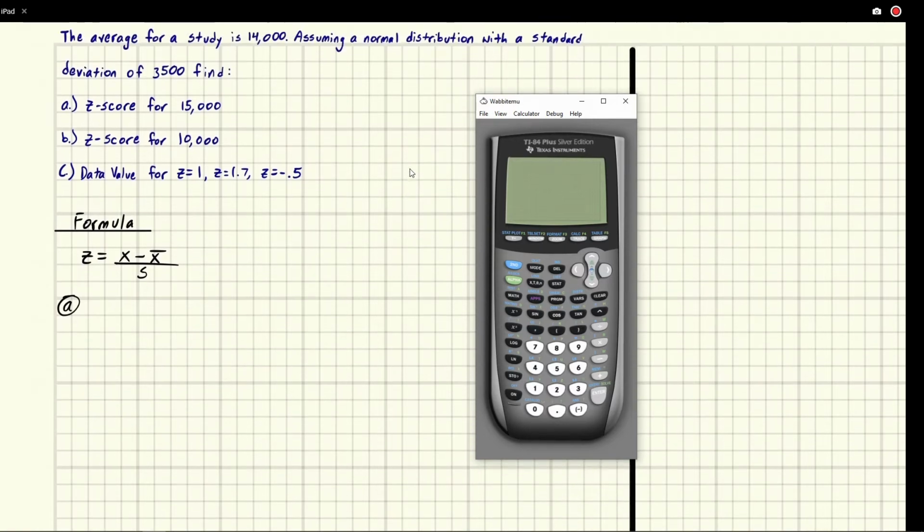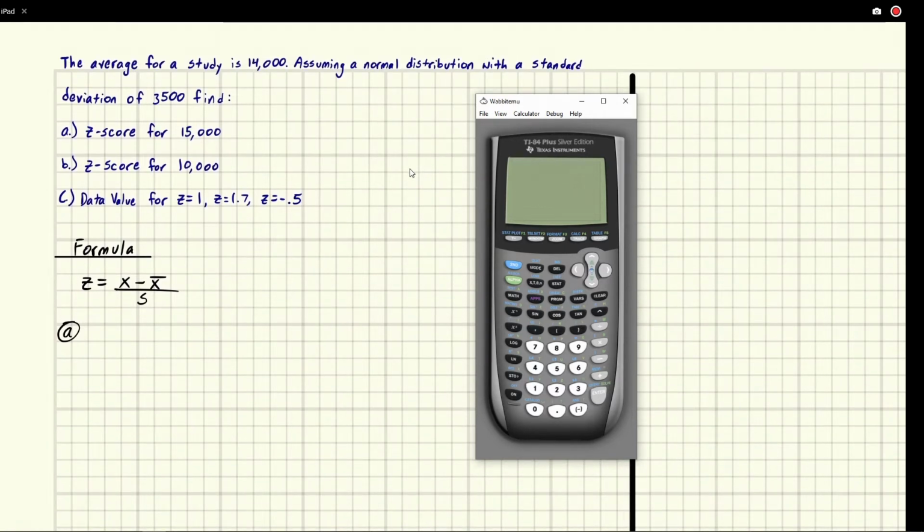So let's write down what our values are. So we've got the average. So we have X bar is equal to 14,000. We've also got S, the standard deviation. We're told that's 3,500. And we're told our X values are right here. So right, they're going to give us X values to plug in to pump out z-scores.